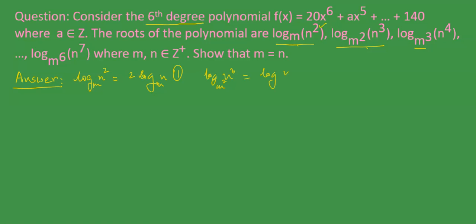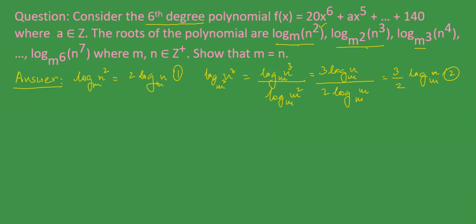So it is log of n cube to the base m over log of m square to the base m. So this can be written as 3 log n to the base m over 2 log m to the base m, and log m to the base m is obviously 1. So this is practically equal to 3 over 2 log n to the base m. This is the second root.